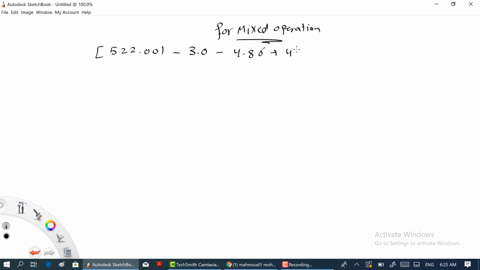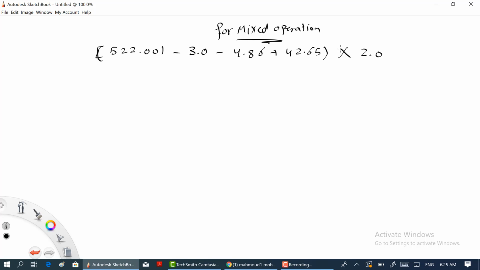For the mixed operation, take an example. Multiply by 2.0.